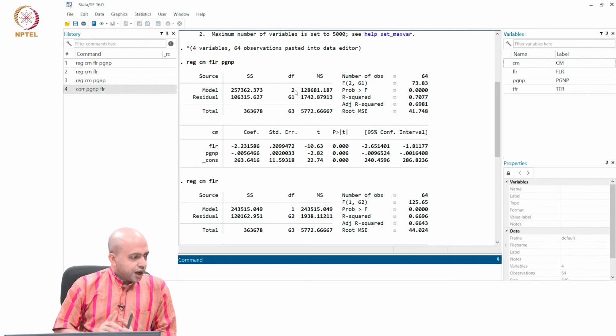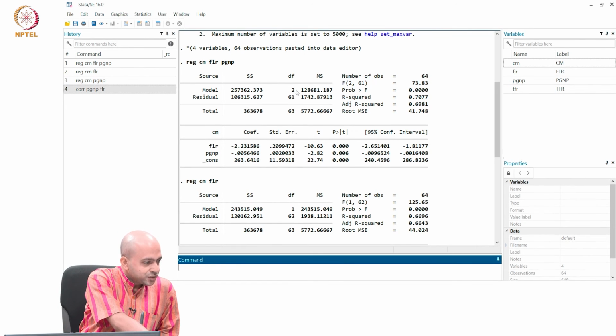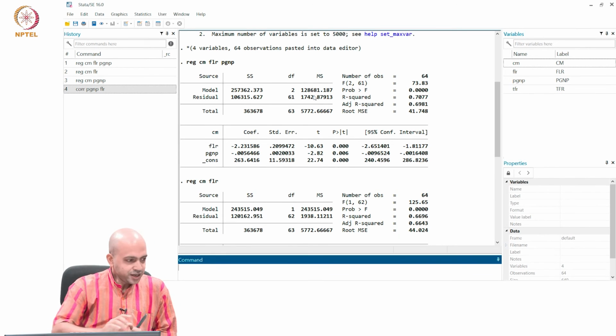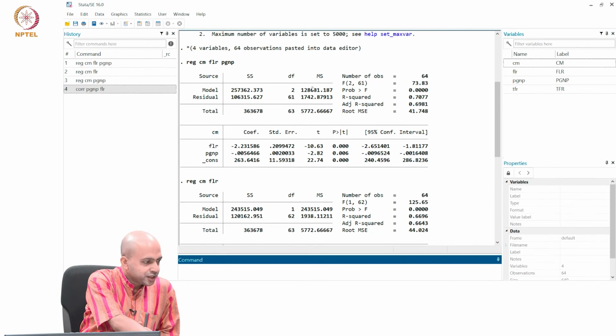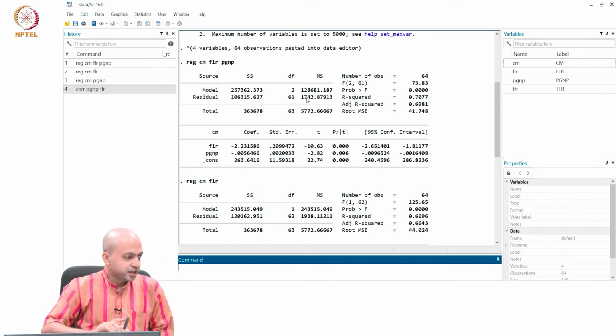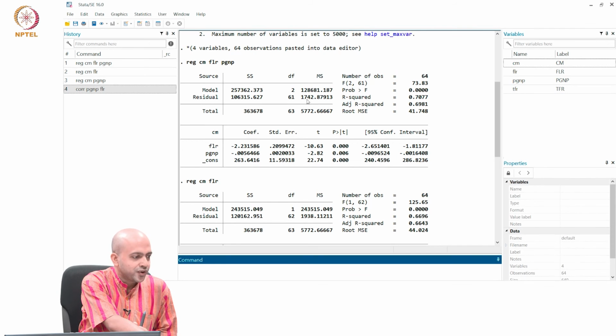So, how is this F defined then? If you take a ratio of these MS. How is MS defined? MS is basically SS divided by its degrees of freedom. So, we have 2 MS, and if we take the ratio of these two, that means MS for the first and MS for the second, then we will arrive at the F value.